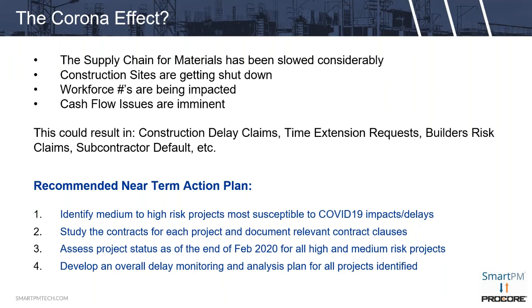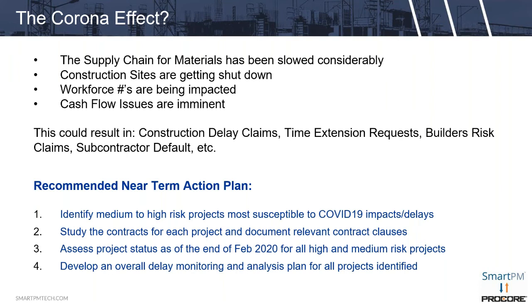I think that these things can be done rather simply, even from your home. Somebody can take the bull by the horns and start creating some risk matrices for the projects, and then start studying the contract clauses and making sure that we have a plan for each high-risk project. Then making sure that the project's set up for success from a scheduling perspective.